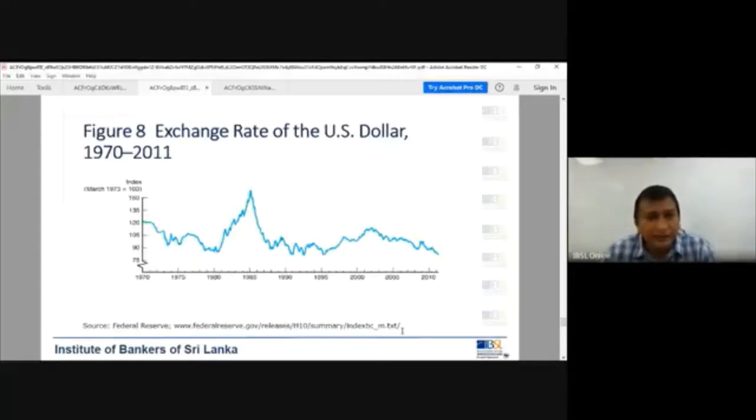And see here the behavior of the US dollar expressed in terms of an index, right? The index pools all weights into a basket, and then they express across a period of time how the US dollar's value is behaving. It is not necessarily volatile in recent times since the 1990s, right?